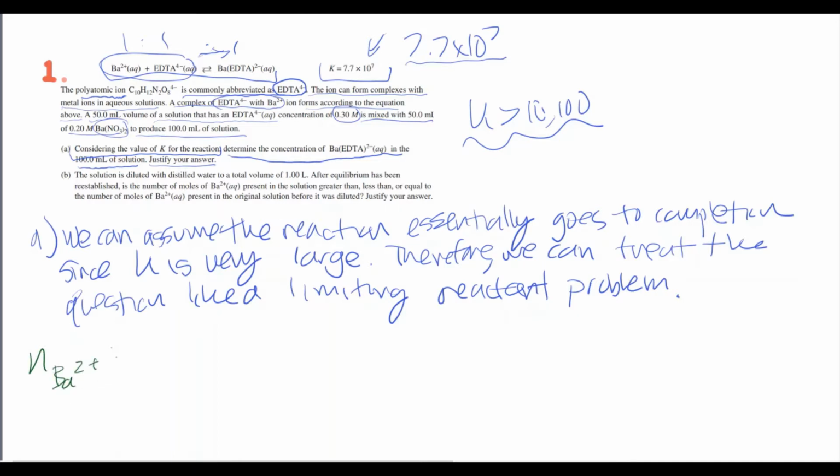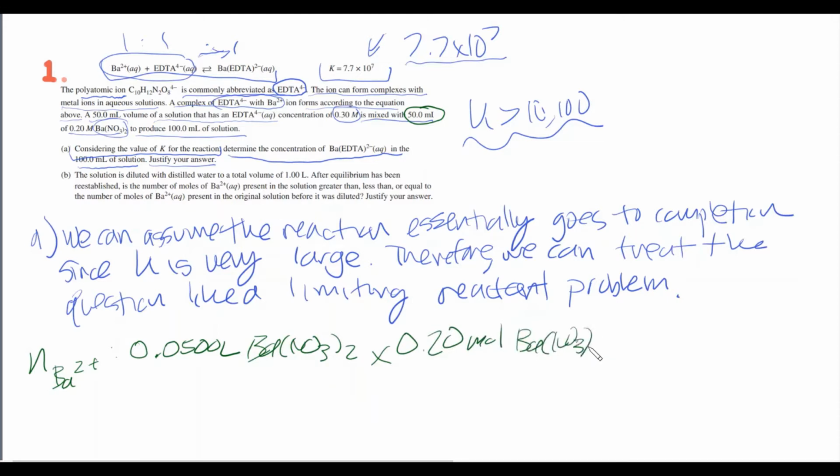Now this is going to involve volume and concentration, obviously. So we know that there are 50 mL of the barium nitrate, so let's start off by writing that. 0.0500 liters of barium nitrate. And we know that the concentration is 0.20 molar, or 0.20 moles of the barium nitrate per liter.